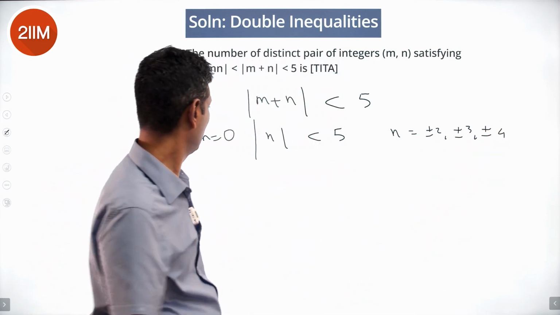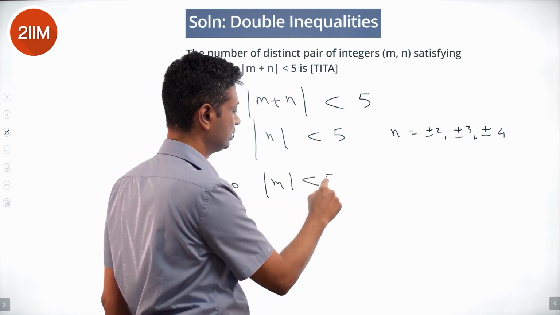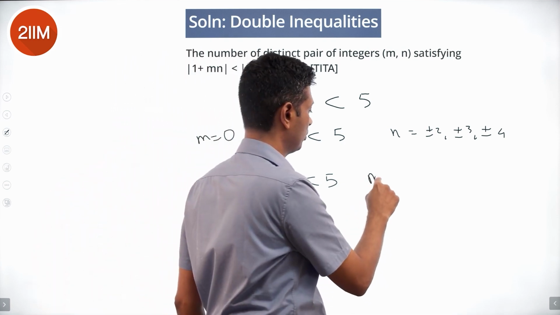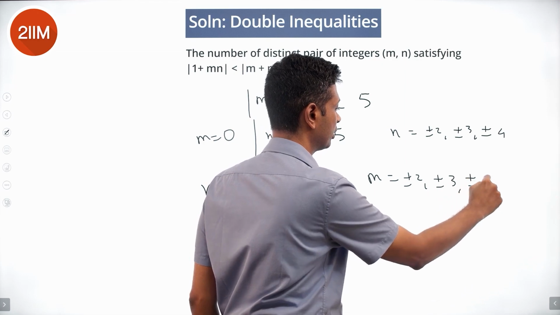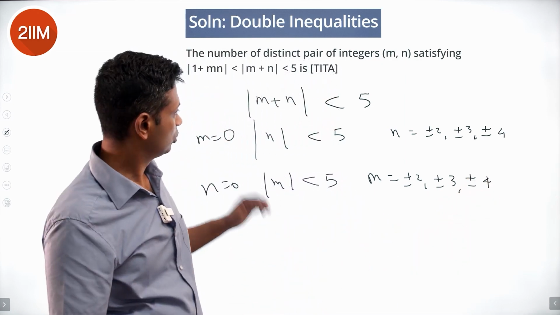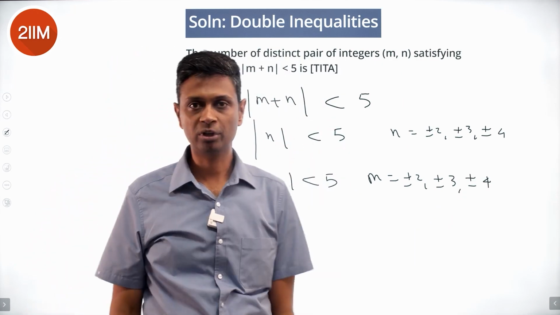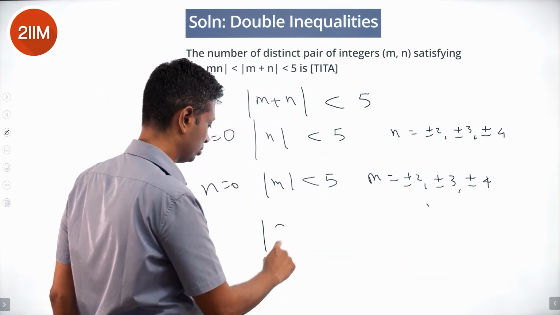Exact opposite: if you put n equal to 0, we have mod m less than 5. We know mod m has to be more than 1. m could be plus or minus 2, plus or minus 3, plus or minus 4. So (0, 2), (0, minus 2), (0, 3), (0, minus 3), (0, 4), (0, minus 4). 6 possibilities plus 6, 12 possibilities.